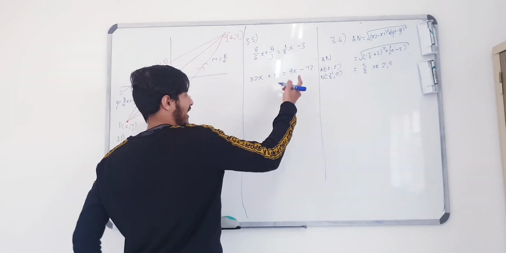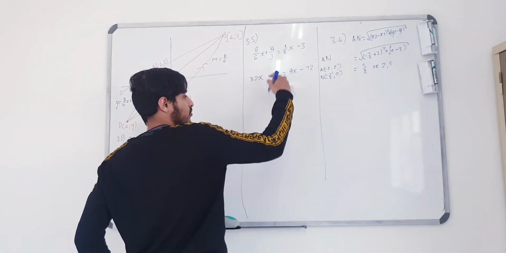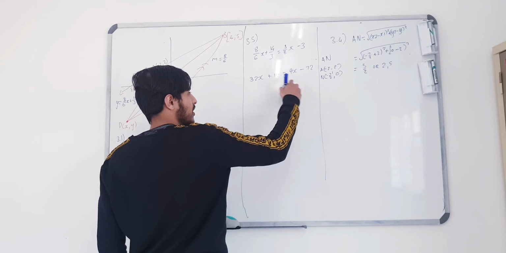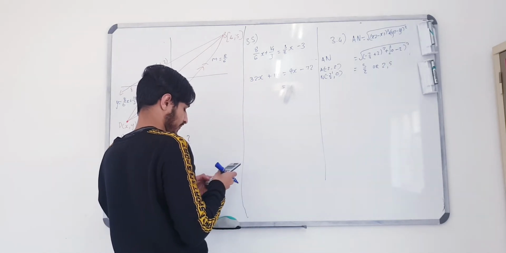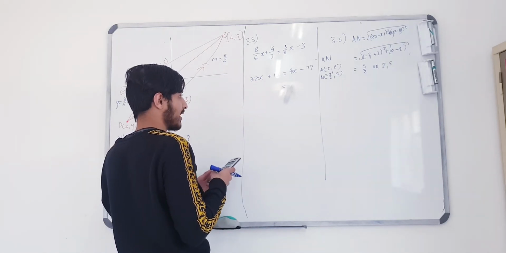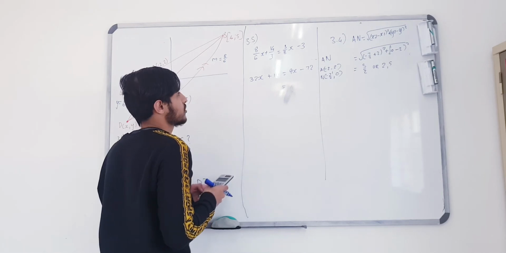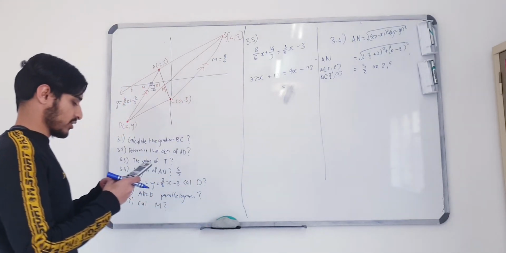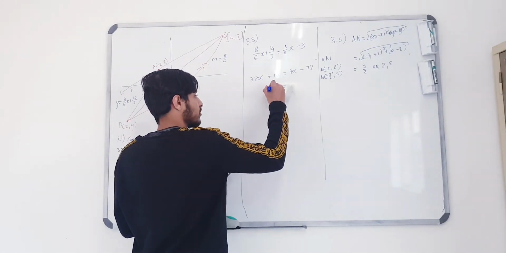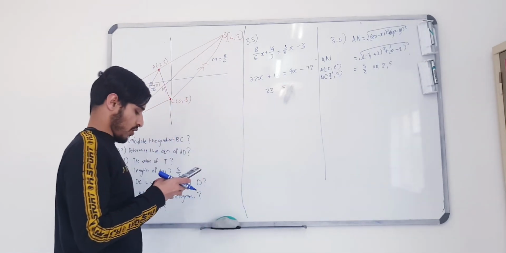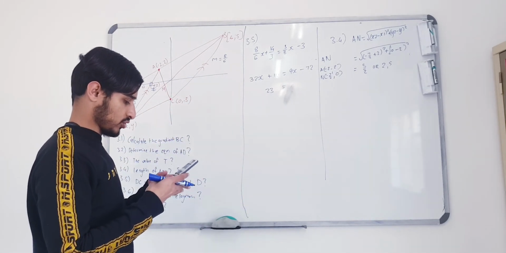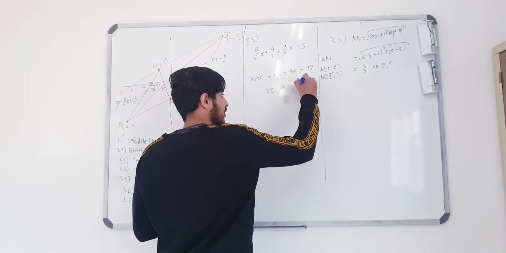Now we can solve for x quite simply. We take x's to one side, numbers to the other. There's no x squared or anything, so it's 32 minus 9, which is 23, and then 112 minus 72, which gives us 40.